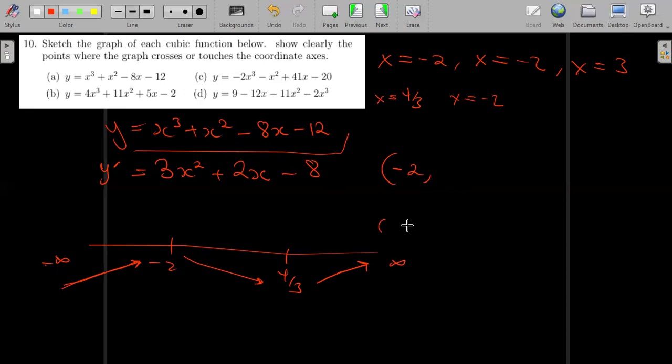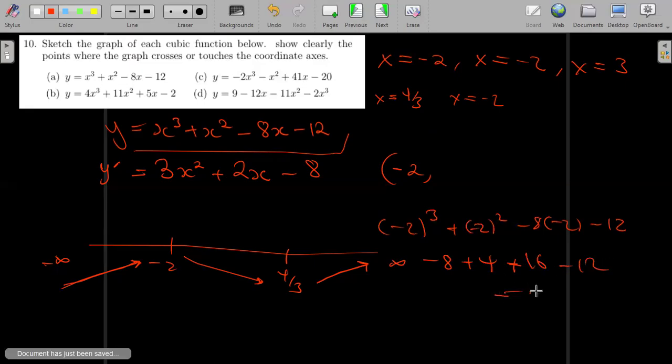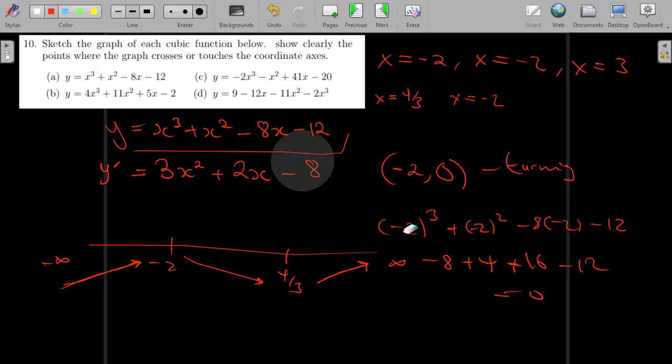So negative 2 cubed plus negative 2 squared minus 8 multiplied by negative 2 minus 12. This gives me negative 8, plus 4, plus 16, minus 12, and this just gives me 0, as I saw in the beginning. So this is one of the turning points.